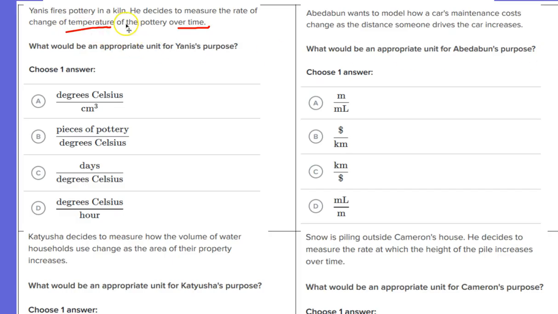So when it says temperature over time, it means something like a degree over some kind of a time, like an hour or a minute or a second. So degree per hour. That's this one down here, degrees per hour. So there's going to be two different units, and we're going to make a ratio of those two in these problems.